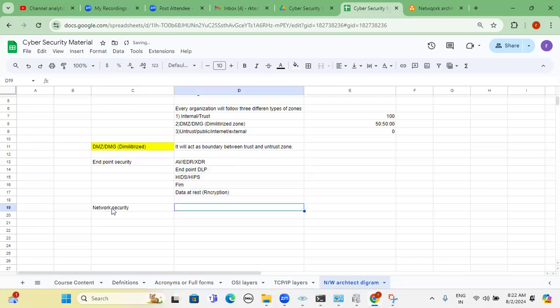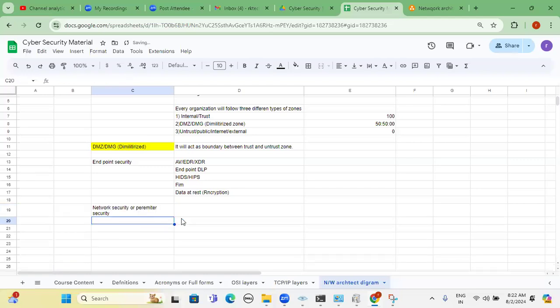So here, as I said, we have to implement this. This is also called perimeter security. Under this one, we have next generation firewall. Prior to next generation firewall, we called it UTM or firewall. But the current generation of firewall, we call it next generation firewall.